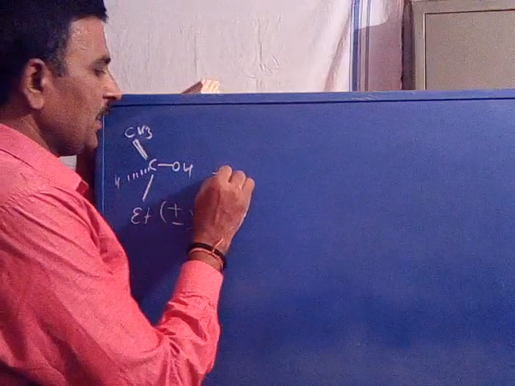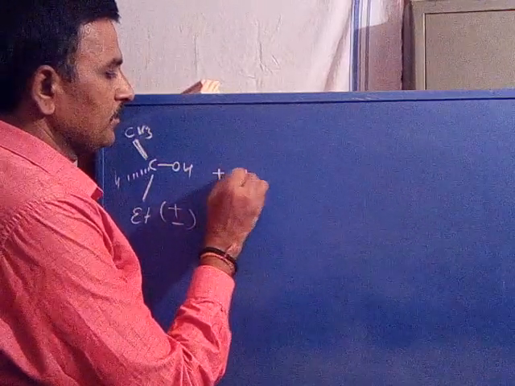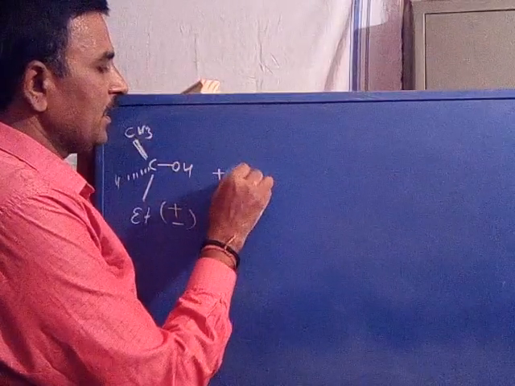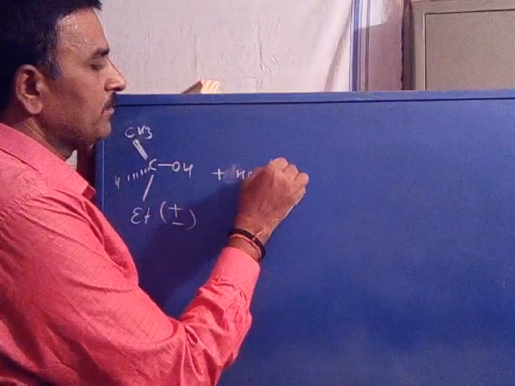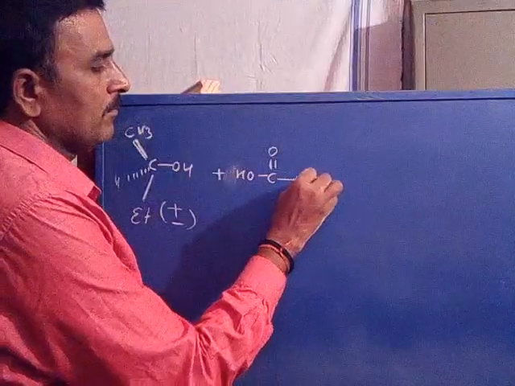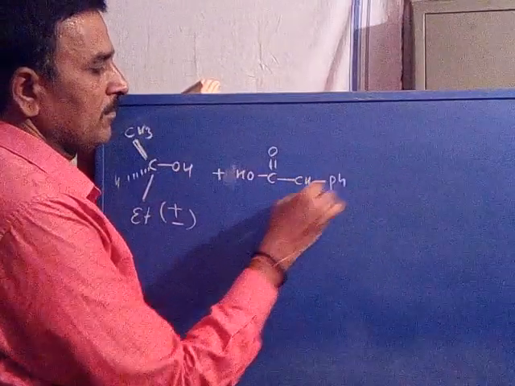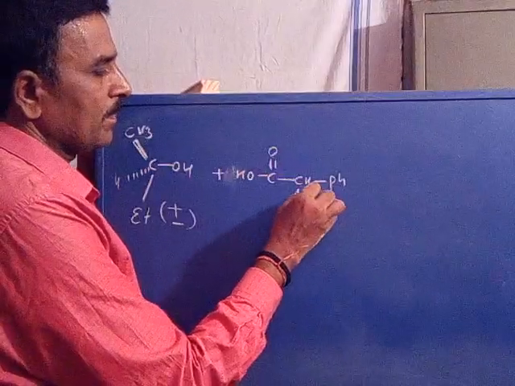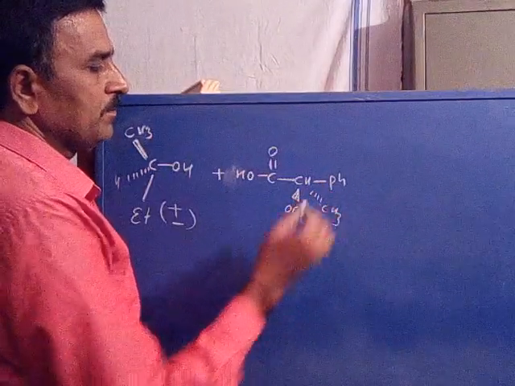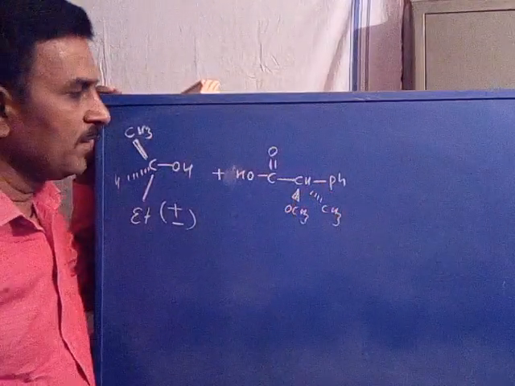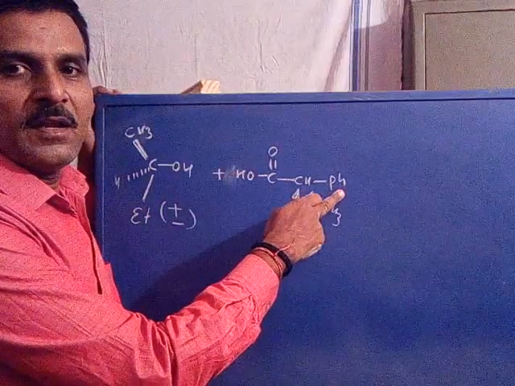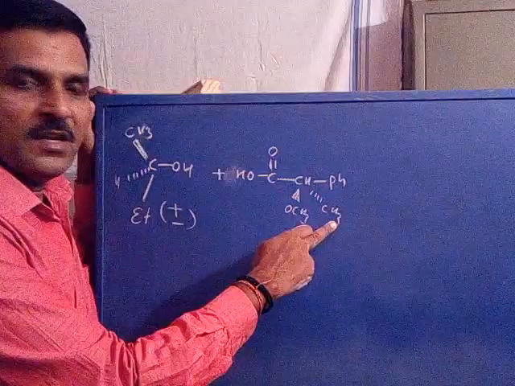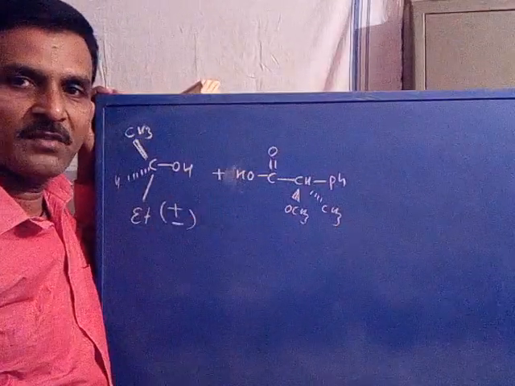Now when it reacts with Mosher's acid, OCH3, CH3. This is Mosher's acid, where I have written a phenyl ring in the abbreviated form Ph. OCH3, CH3, COOH. It is a Mosher's acid.